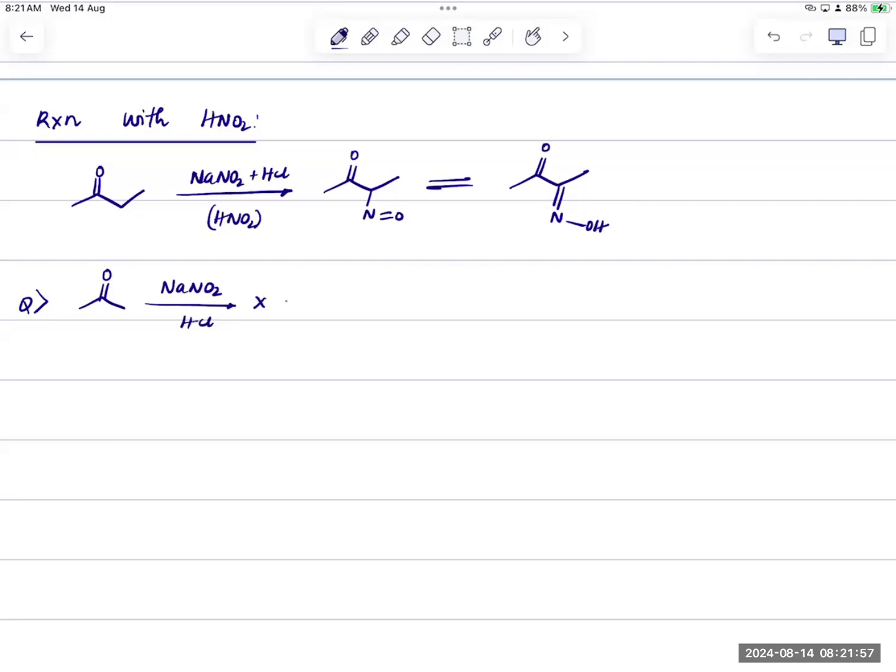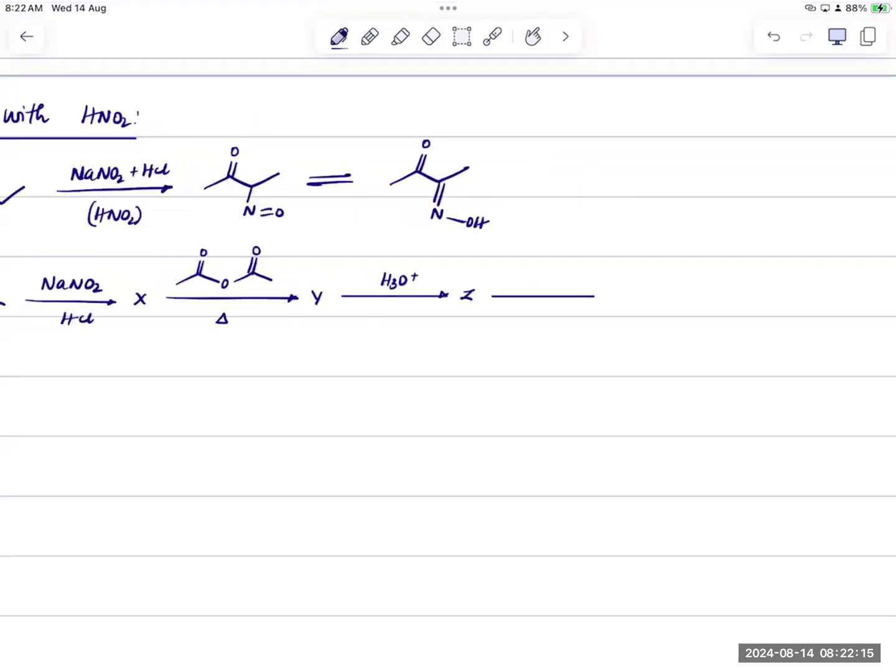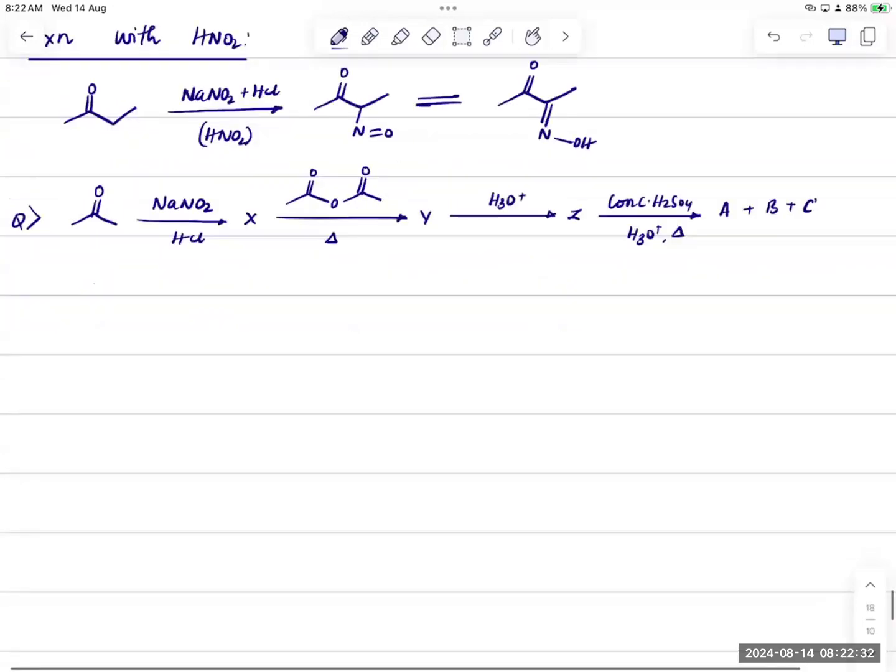Then I got a compound X. And this compound X, if you treat with anhydride and heat it, we get compound Y. And this Y, when you heat it with H3O plus, I get a compound Z. And Z, if you treat with concentrated H2SO4 followed by H3O plus and heat, we'll get A plus B plus C. Find all of these compounds. Okay.